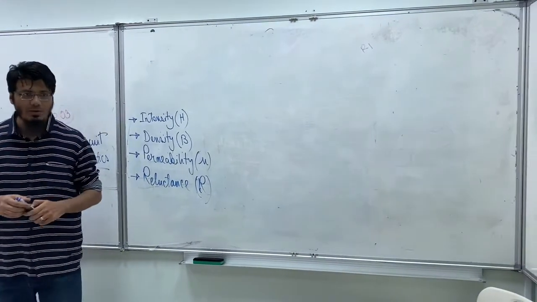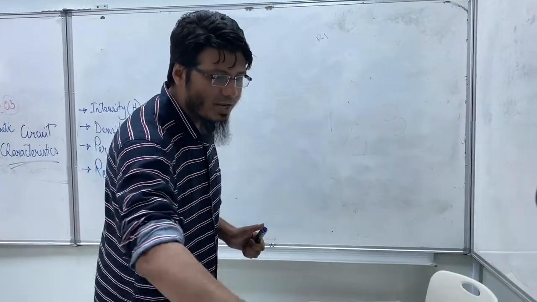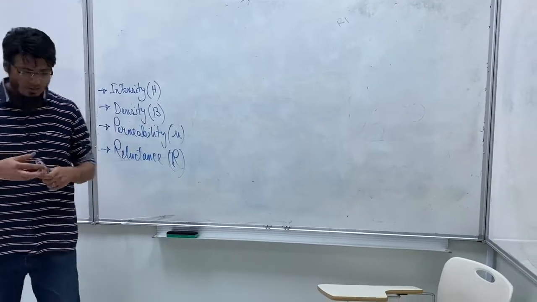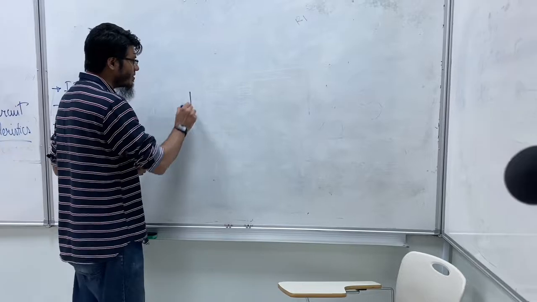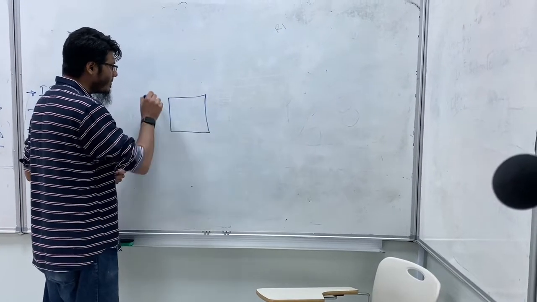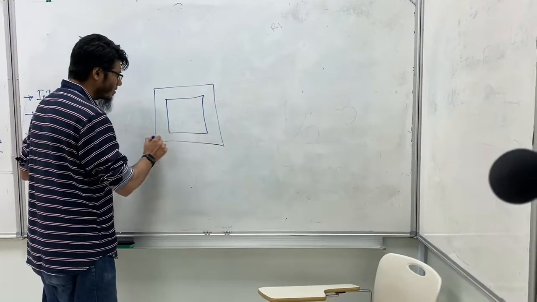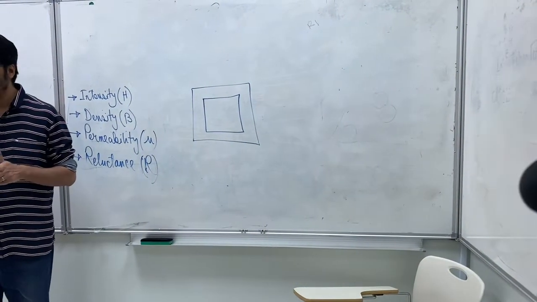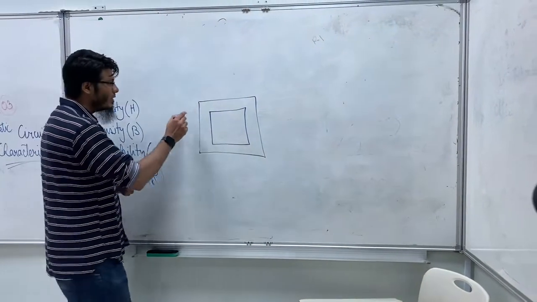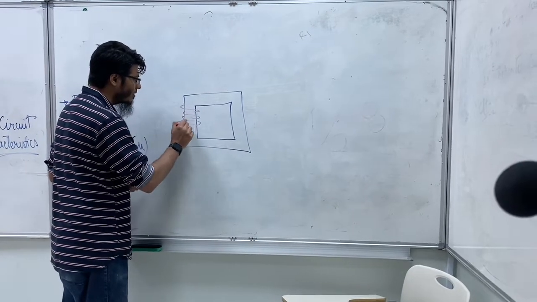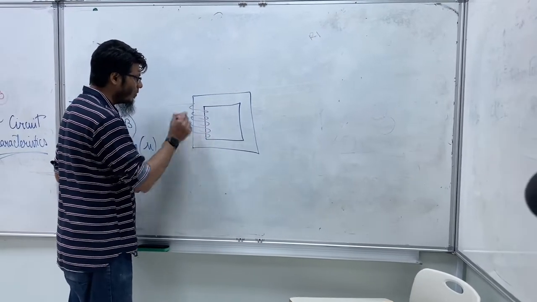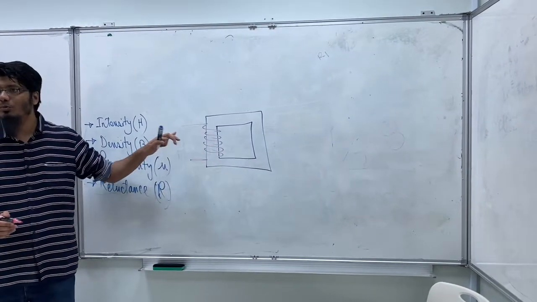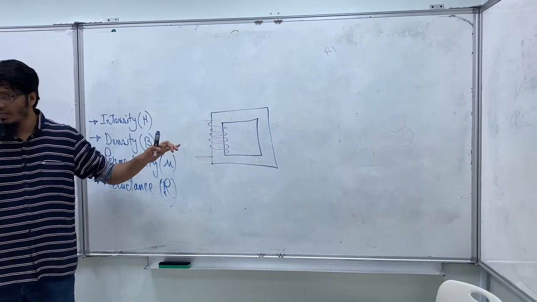So how to do the experiment? I already explained several times in the lecture class how we make the magnetic circuit. To make the magnetic circuit, we need first of all what? A magnetic core, isn't it? Yes. This is the first thing, right? And we put the coil on one of the sides of the core. So on this side we will put the coils and the winding, right?